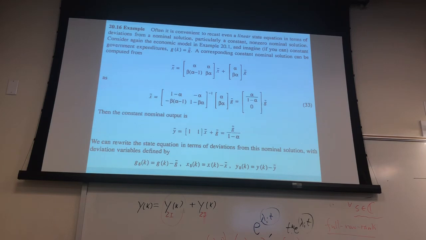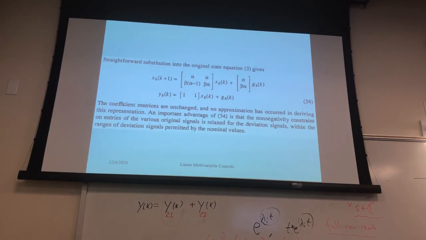But to change back, you need a nominal. So you can be positive or negative around the nominal. That's the main purpose of the modeling, exchanging the variables.